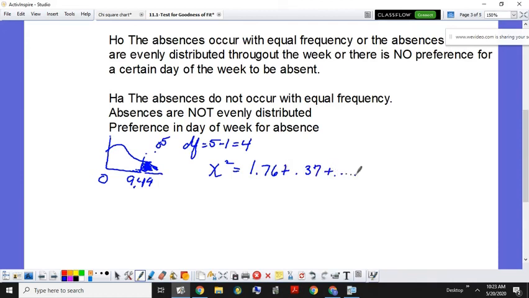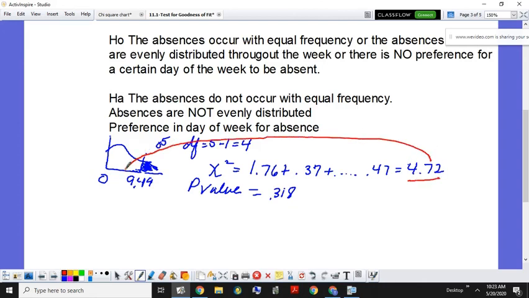Plus... And then the last one was 0.47 equals 4.7172. It depends on the rounding and how many places you took it out. So 4.72. The p-value for this problem was 0.318.